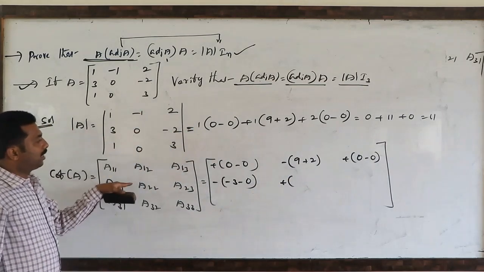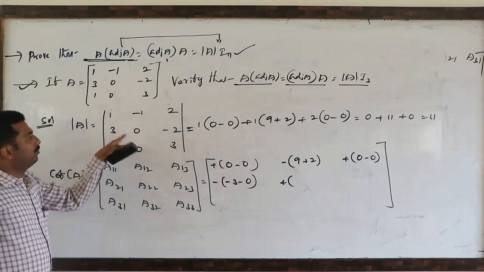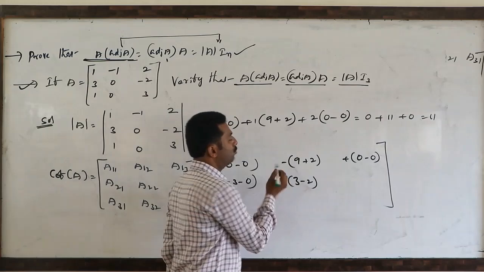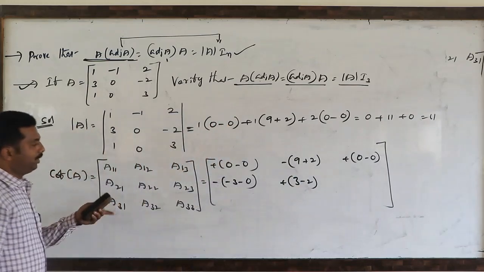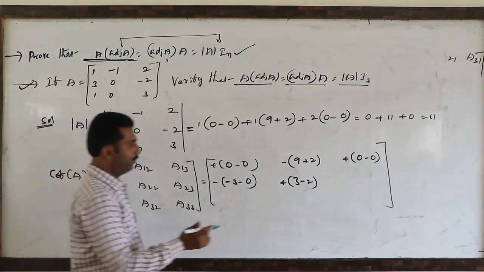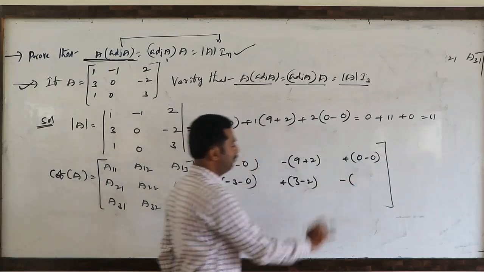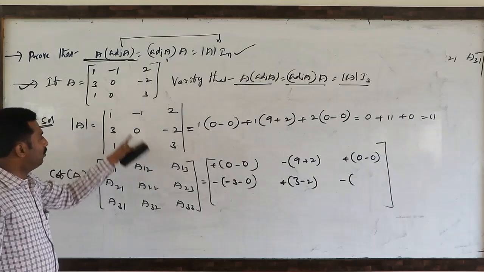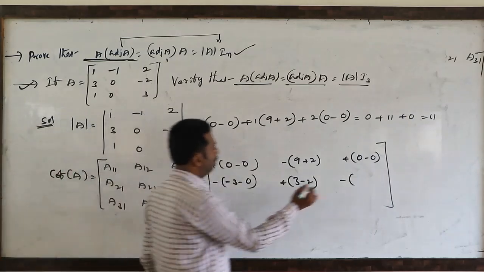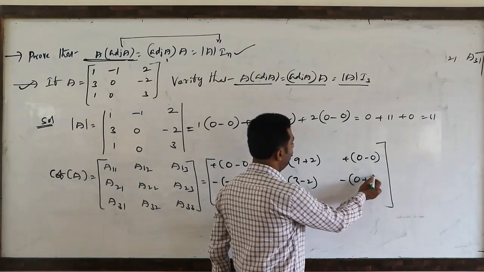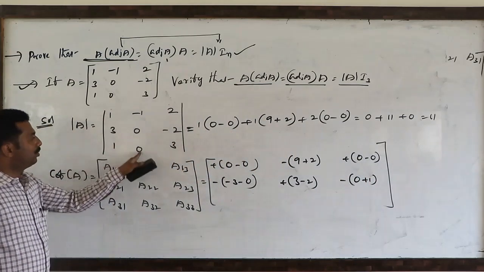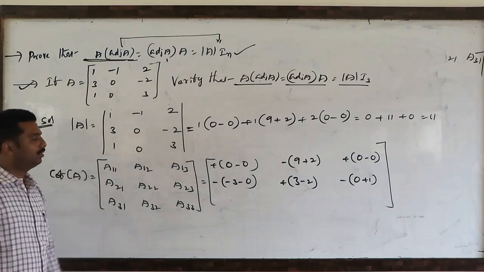Second row, second column you delete. 1 into 3, 3 minus 2. A23: 2 plus 3, 5. That is minus symbol. Second row, third column you delete. 1, 0 minus minus 1. That is plus 1. This is 0 minus of minus 1, plus 1.